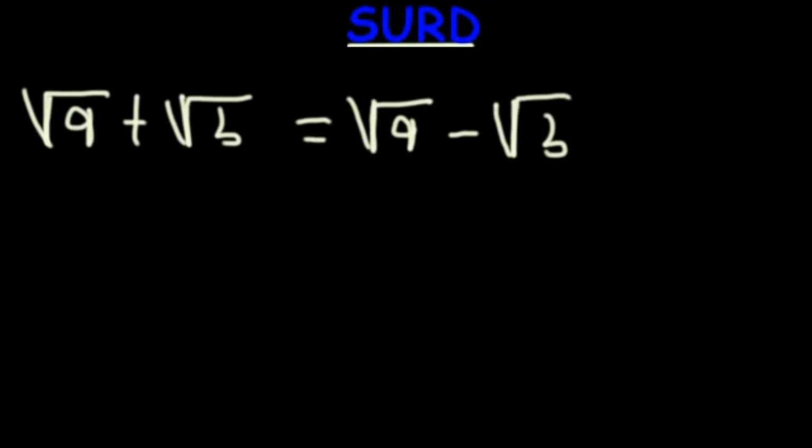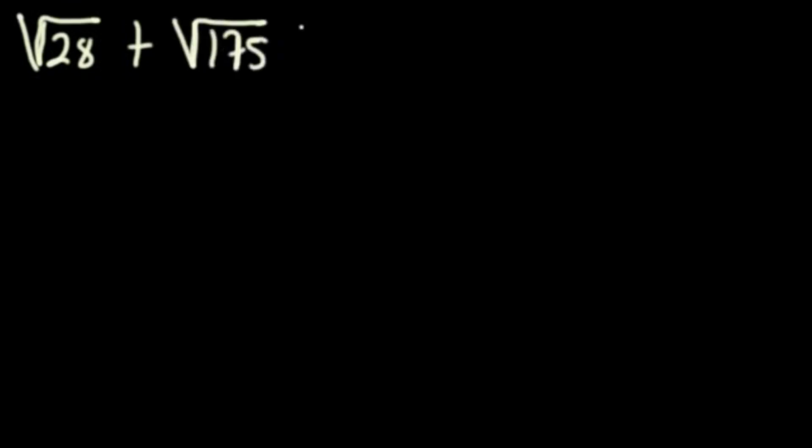So let's try to work out some examples. Let's say we have square root of 28 plus square root of 175, and then minus square root of 63.